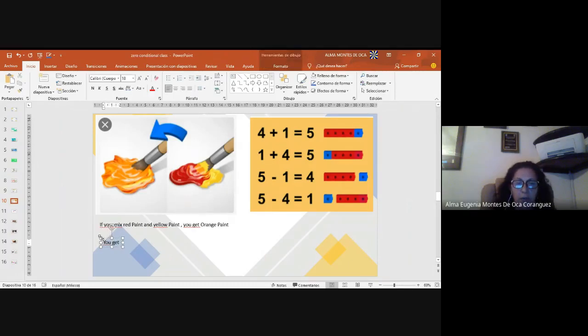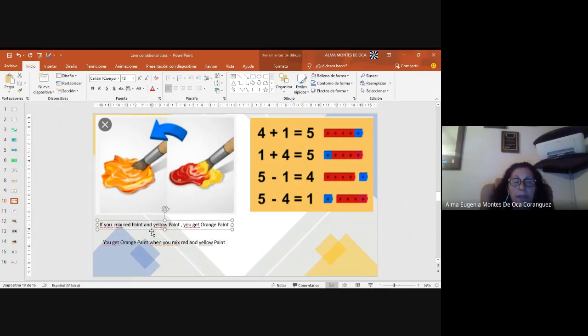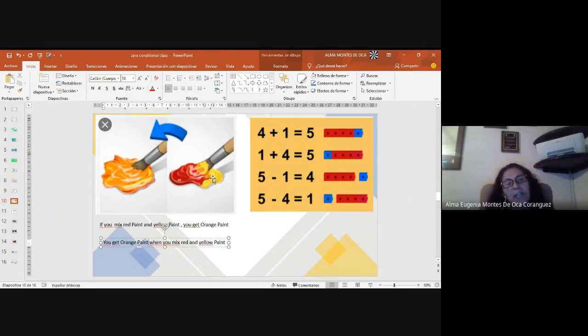You get orange paint when you mix red and yellow paint. Okay? It always happens the same. Remember, in different tones, but you always get the same.